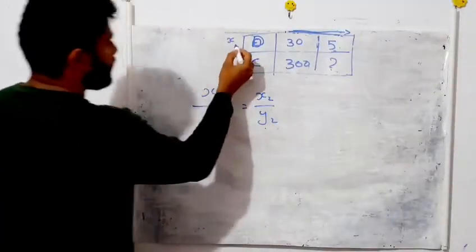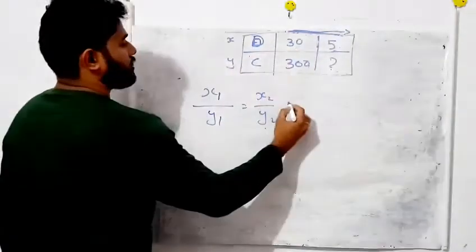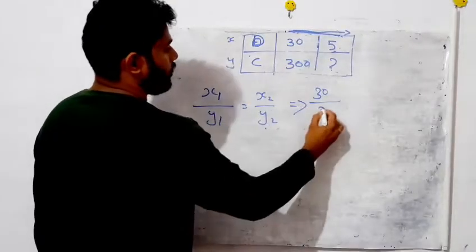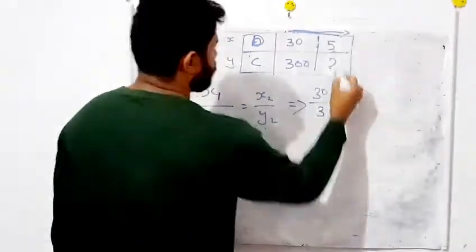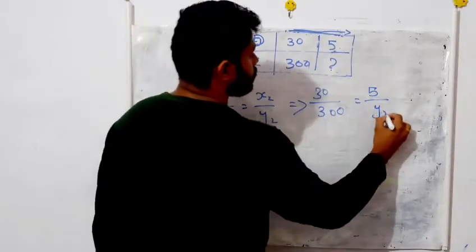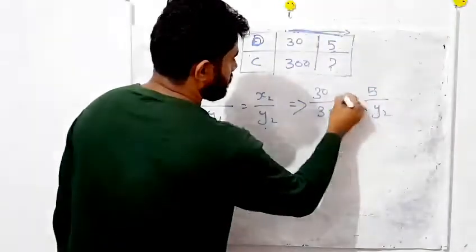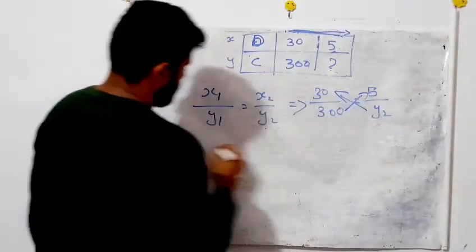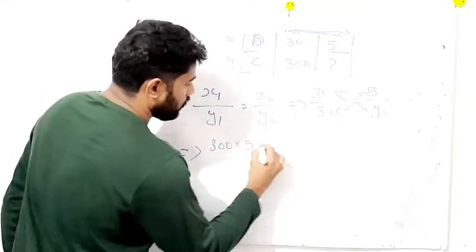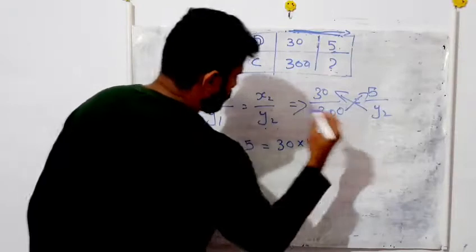Here we already said that the first one is x and the second one is y. x1 means the first value. How much? 30 by y1 300, clear? Which is equal to x2 5 and y2 we don't know. Now we can cross multiply these things. That means 300 into 5 is equal to 30 into y2.